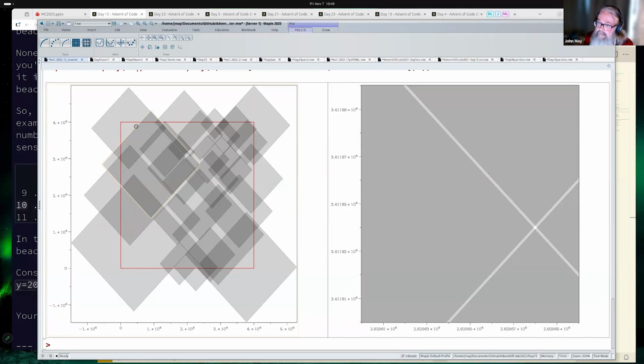And you can just check every row and find the row that has a spot uncovered. And so you've already written the program that checks the row. So why shouldn't you make a loop that goes from 0 to 4 million and just does it on each row? And the answer is it's very slow.